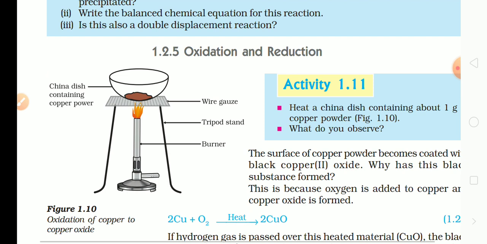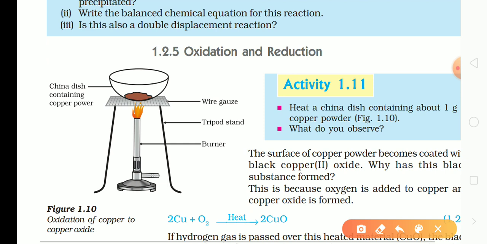First of all, I will give you a brief idea of the meaning of oxidation and reduction. Oxidation and reduction are exact opposite processes, just like combination and decomposition. There are several definitions for oxidation and reduction. The classical definition of oxidation is addition of oxygen.